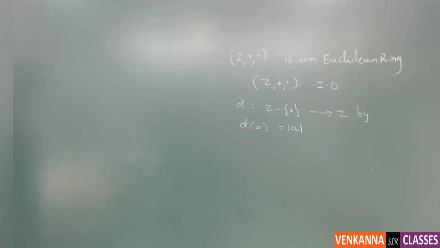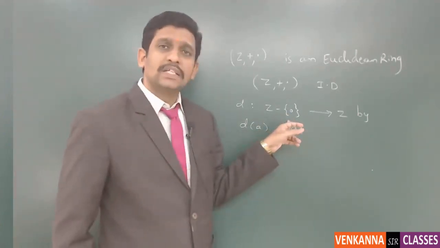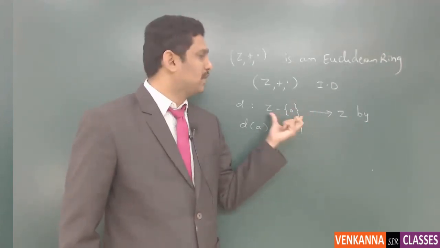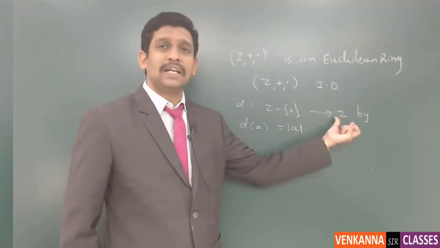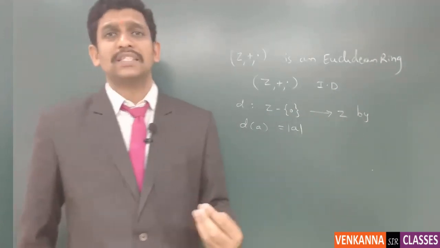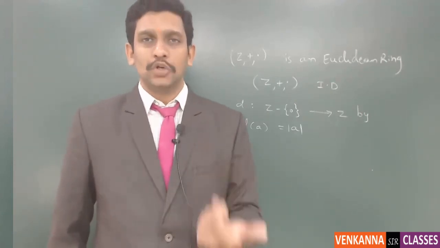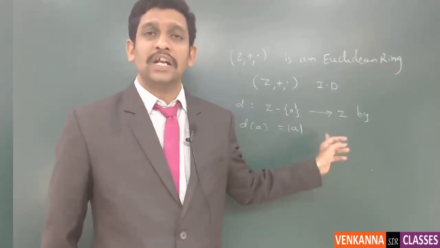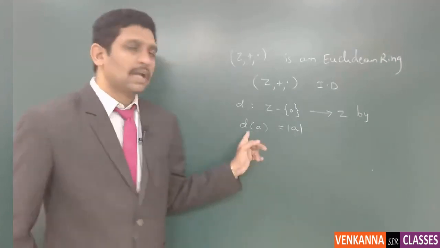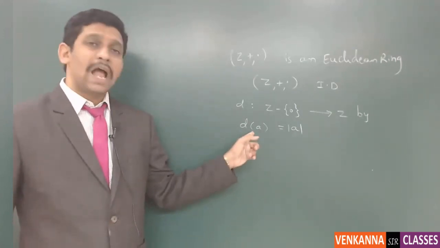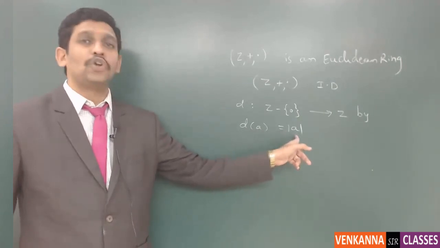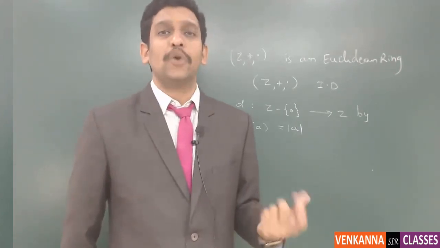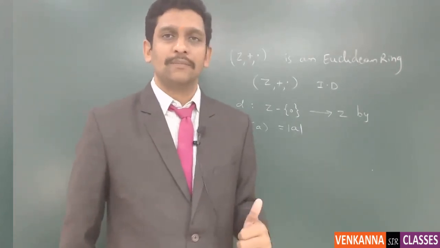Now you can observe how we have defined it: excluding the 0, for the remaining elements you are defining a function from the integral domain to the set of integers Z. Always the function gives an integer value to us, and the integer value is either 0 or positive. The result should not be negative, right? And how am I defining the function? I am defining d of a is equal to modulus of a, because the result should be either a positive or 0 integer. It should not be a negative integer, right?